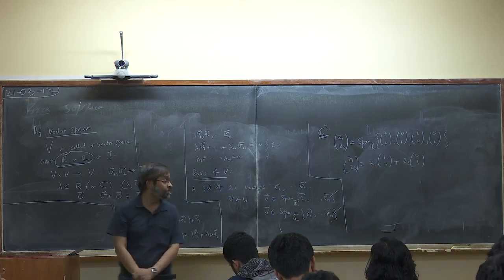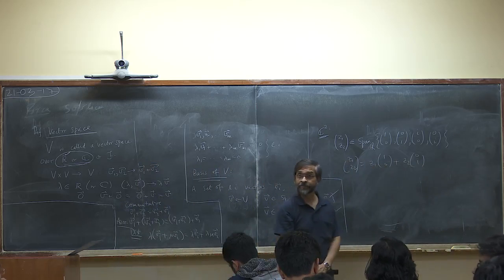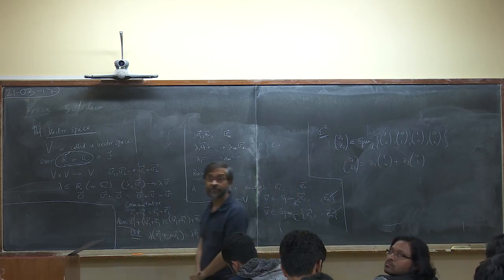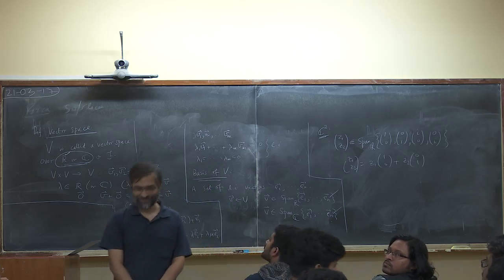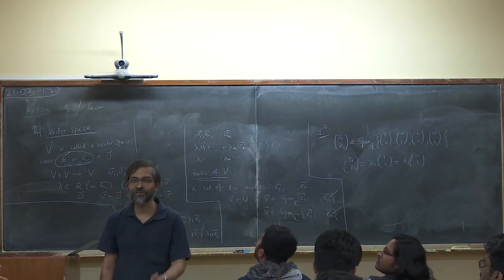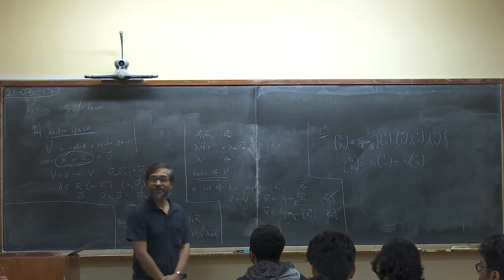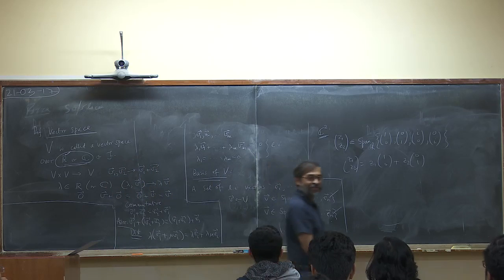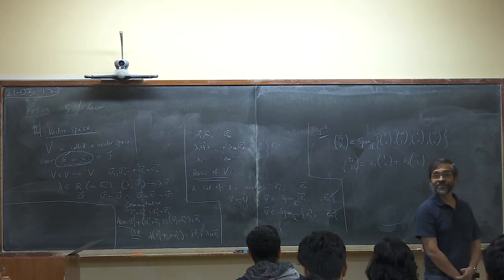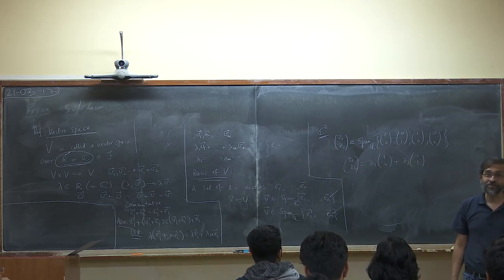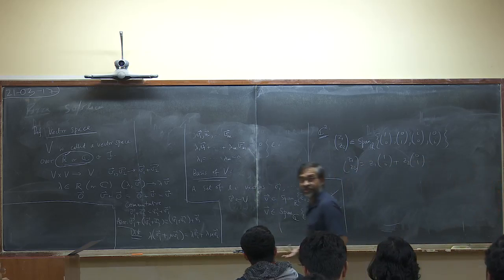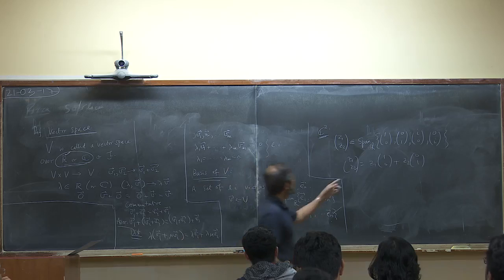Sir, dimensionality is defined using the number of vectors in the span, right? Very good. So the complex dimension is different from the real dimension. Whether you are using complex numbers or real numbers, the dimensionality depends on that. So the complex dimension is half of the real dimension. The real dimension is twice. So how does this work now?